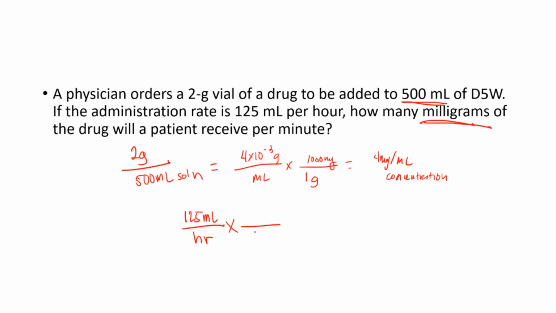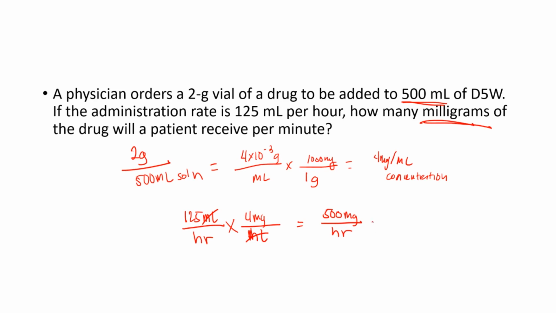The strength is 4 milligrams per ml. Magka-cancel out yung ml. You will be left with 125 times 4. So you have a dosing of 500 milligrams per hour.